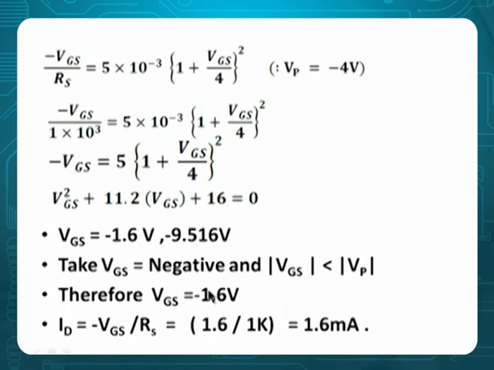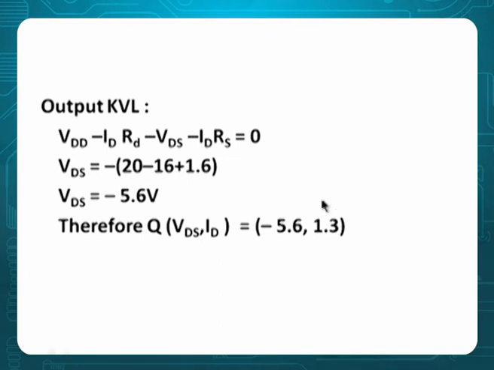The moment the VGS value is finalized, you can go for ID equals minus VGS by RS, and minus of minus becomes plus. 1.6 by 1 kilo becomes 1.6 milliamperes. Therefore, ID also came. Then our job is to go to output KVL and see VDD minus ID RD minus VDS minus ID RS is equal to 0.